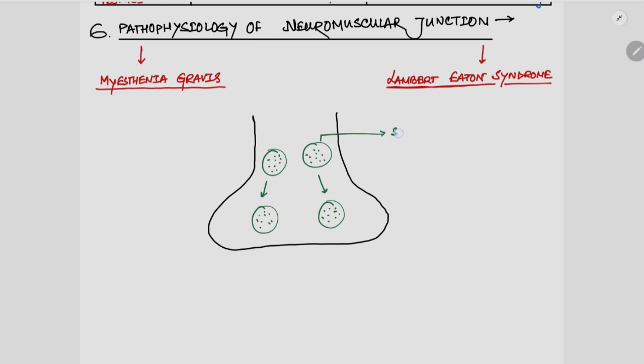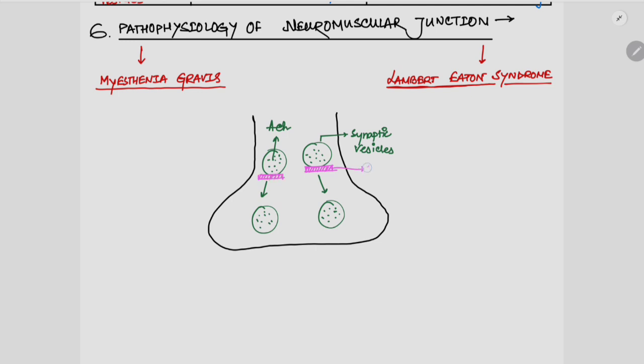These are the synaptic vesicles, and here is the acetylcholine inside these vesicles. There are two types of proteins, V snare and T snare, and synaptobrevin is with the vesicles.